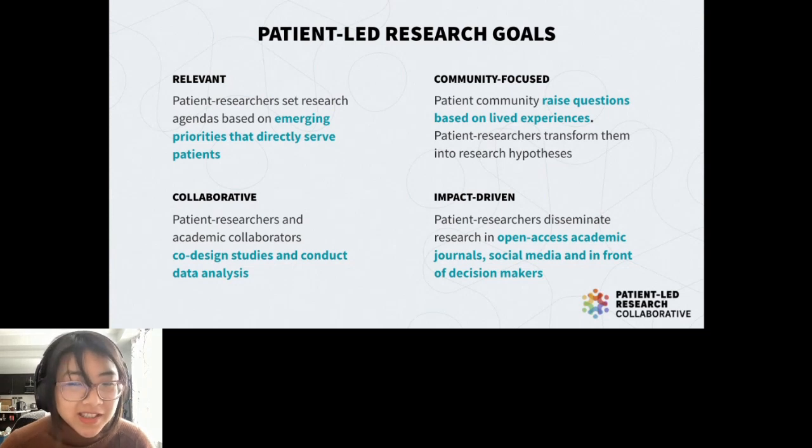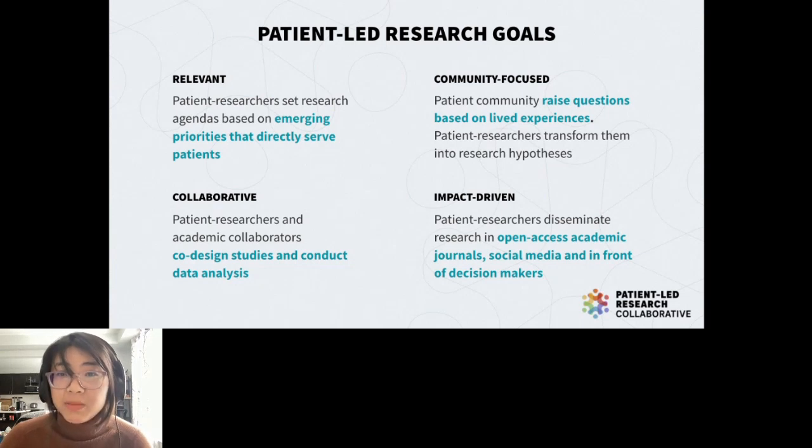They don't need to be told that their illnesses are not real, and I think this is a very obvious phenomenon when you have a chronic illness. And so we support research agendas and research goals that are based on biomedical science because these serve emerging priorities.